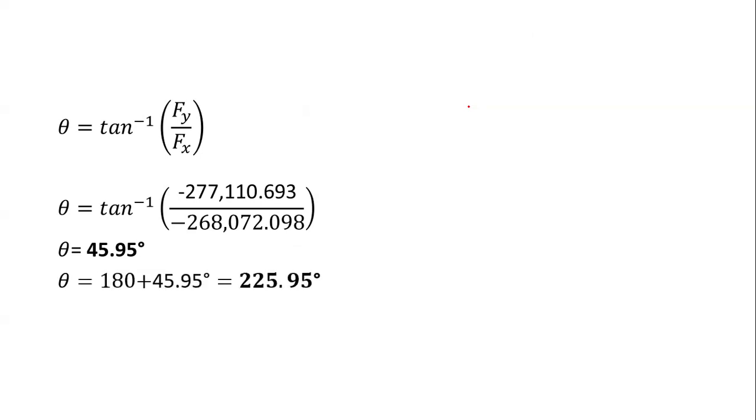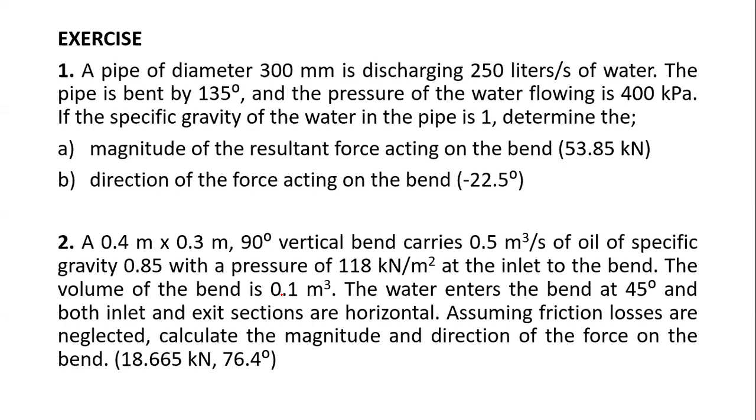In the third quadrant, you add the value you have in the first quadrant. So 180 plus 45, you get to 225.95. So this meaning it's either this or that angle, either this one or this one. And you have your final answer.